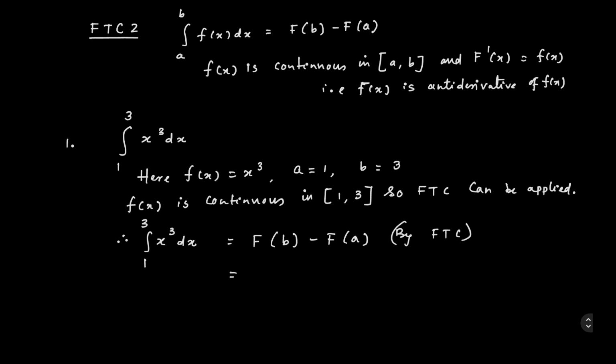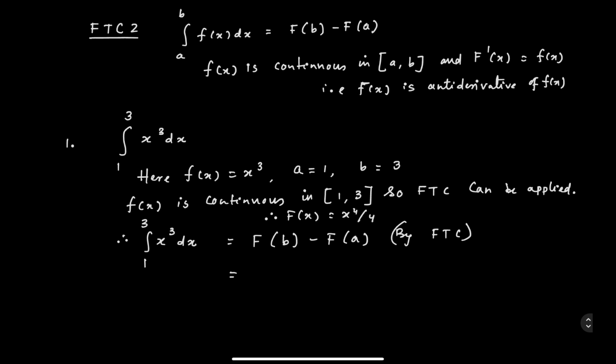So what is the antiderivative of x cube? That is x raised to 4 by 4. So therefore here I can write capital F of x equals x raised to 4 by 4.